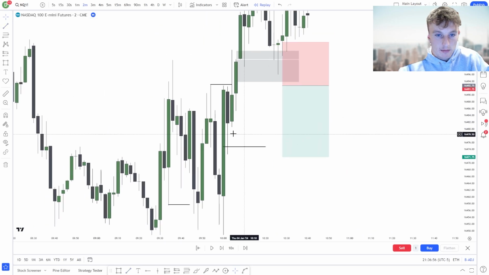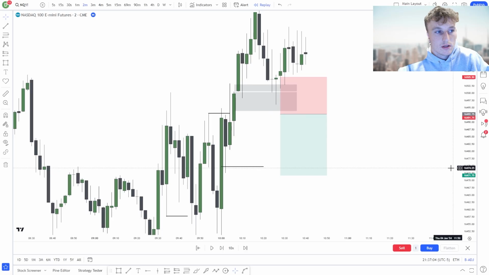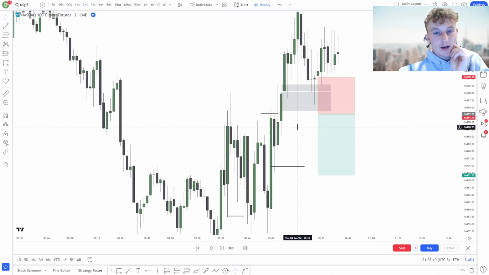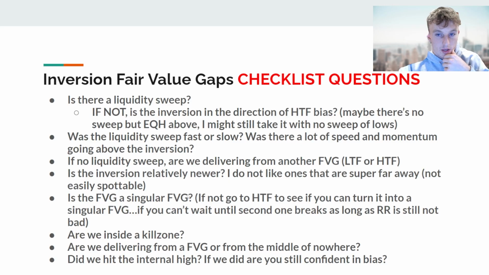It's the internal high before the fair value gap was created. Let's say price wicked above this. If I was still confident, maybe there's perfect equal highs up here, I might still enter this. Most of the time I don't, but if I'm really confident, I will still enter this. Okay. So that's what I mean by that question.